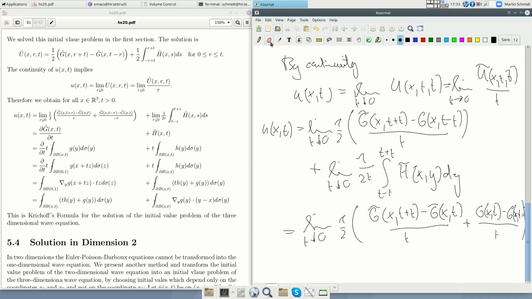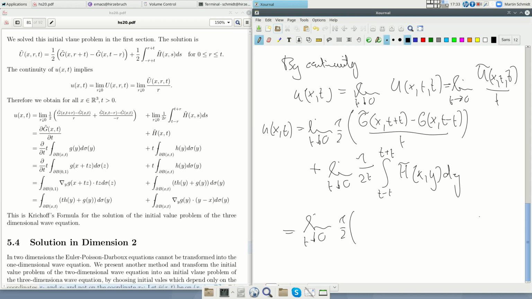Let me rewrite it so that you can read it. So this is 1/2 times g tilde of x, t plus r minus g tilde of x, t, plus g tilde of x, t minus g tilde of x, t minus r, divided by r.